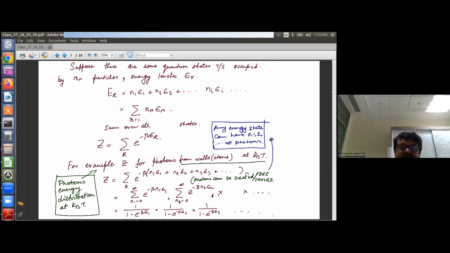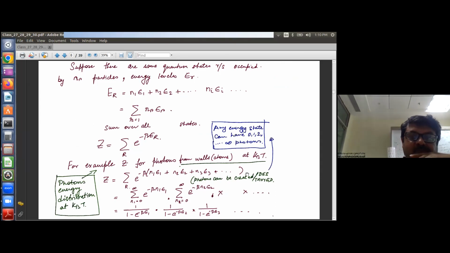The other thing that I want to say is, coming back, we have to use the quantum statistics now, and the idea that photons are bosons. Why photons are bosons is a different topic, but here we are going to accept that photons are bosons and do the statistical mechanics about it.